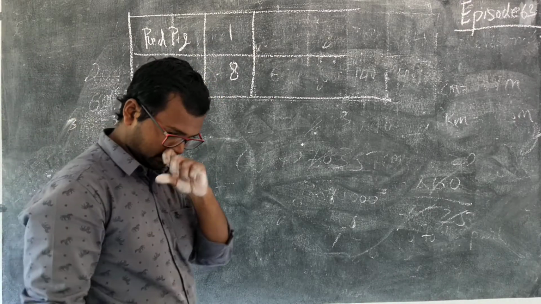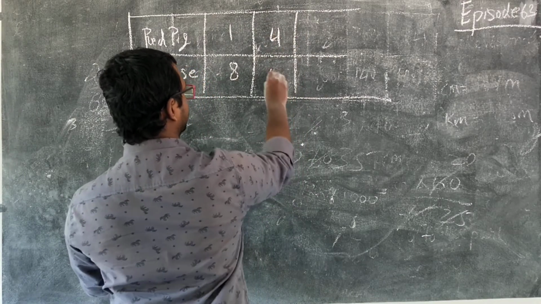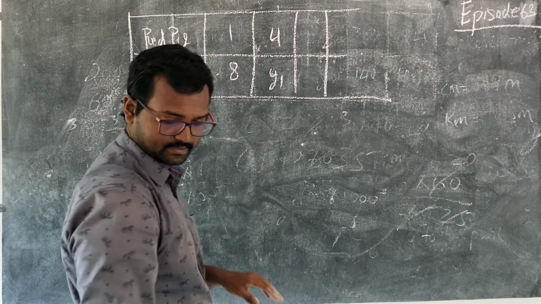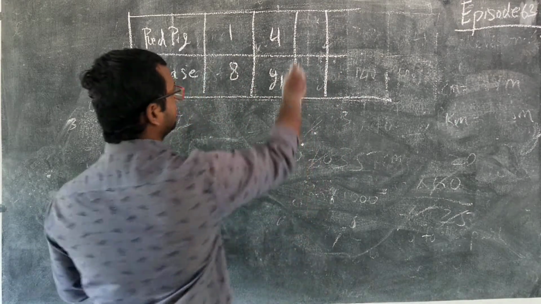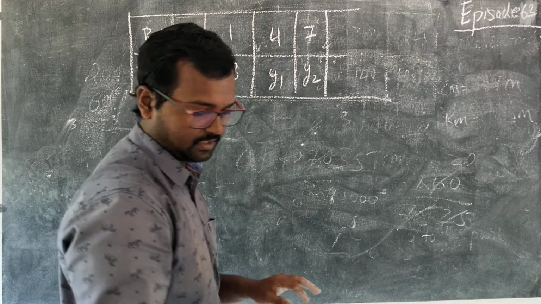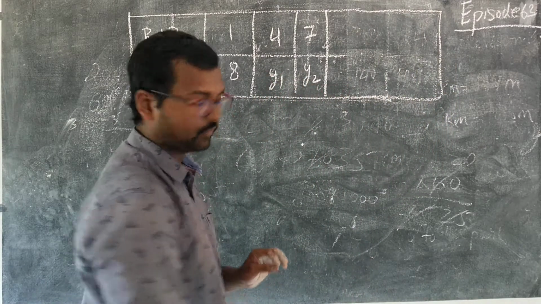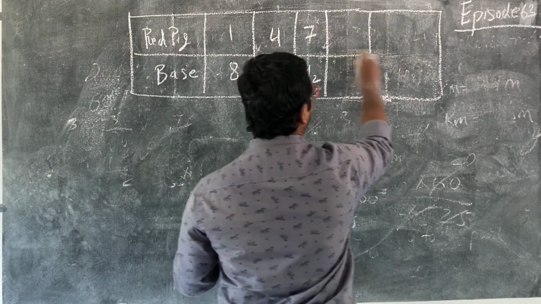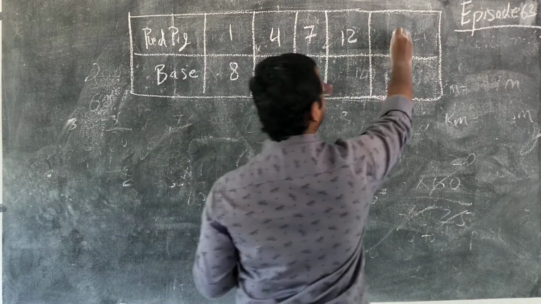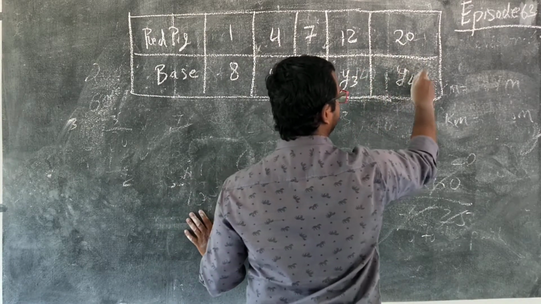Okay, so next one is 4. This is missing, so I am giving it the name y1. Next is 7. I am giving it y2 because this is missing. Next is 12, and the next is 20, y3, y4.